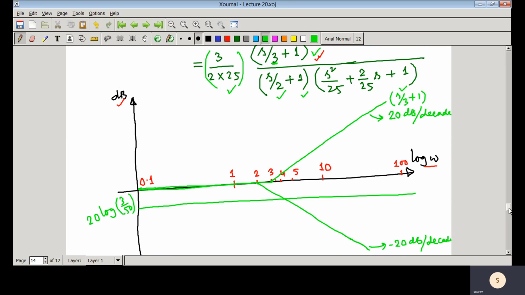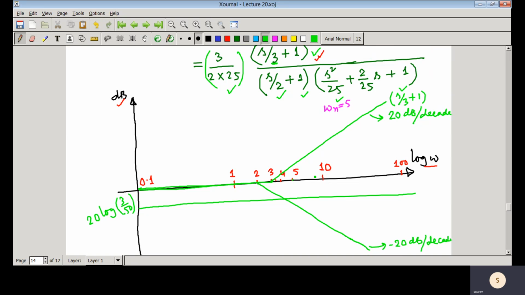Now let us see what would be the plot for this s square by 25 plus 2 by 25 s plus 1. Here we can see that omega n is 5, because that is omega n square, and as we have discussed, the corner frequency would be omega n. So the corner frequency is 5 here.